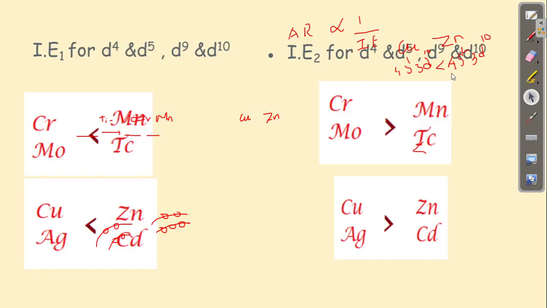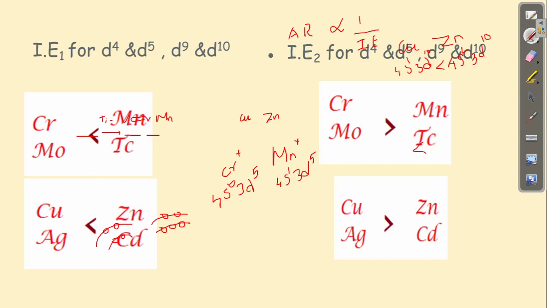Now we are going to talk about the second ionization enthalpy, where chromium will be chromium plus, and manganese will be manganese plus. So what happens? Chromium plus will have 4s0 3d5 electrons, and manganese plus will have 4s1 3d5 electrons.